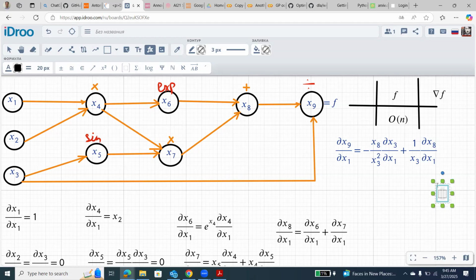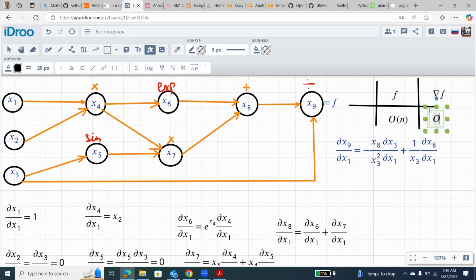Yes, I would say n. Each node we use maybe 2 times. So all of that. But we want to calculate derivatives with respect to x1, to x2, to x3. This is the vector. So what will be the time complexity to calculate all the derivatives if we have the input size d?